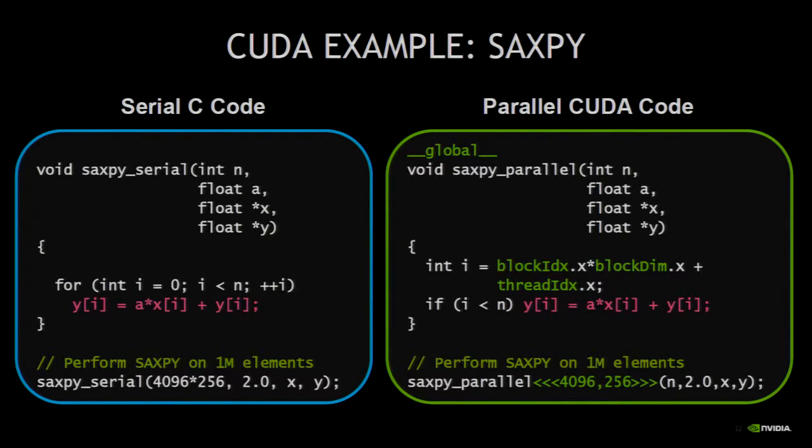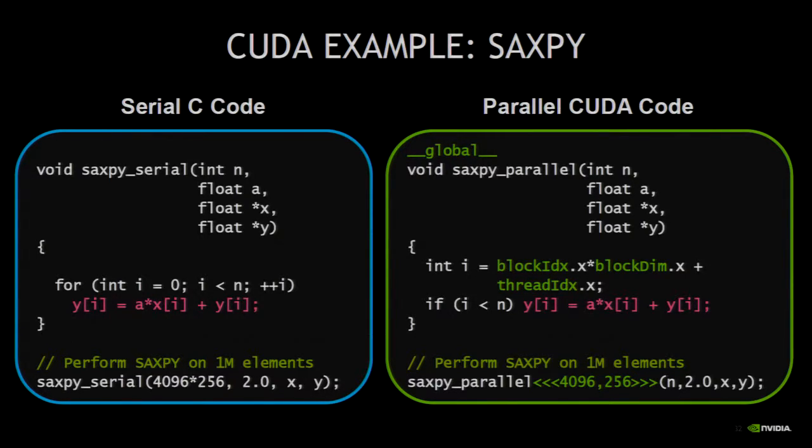On the CPU, we have a single loop running across all the computations. On the GPU, we have lots of threads executing the same instruction, so this function is executed by, for example, 1 million threads, and each thread essentially handles one element.